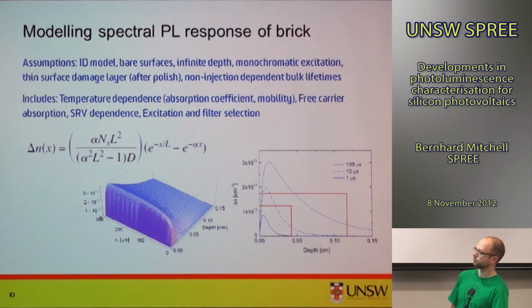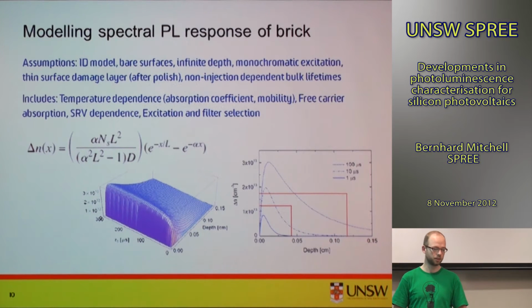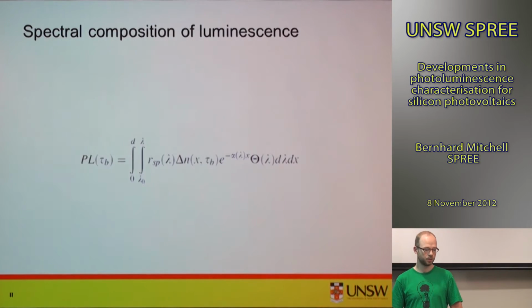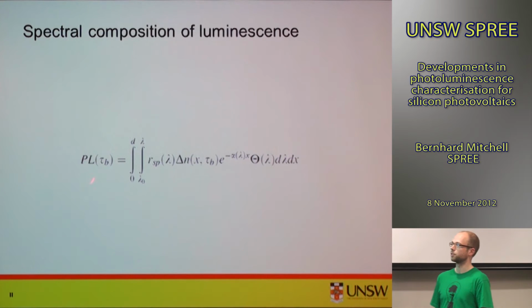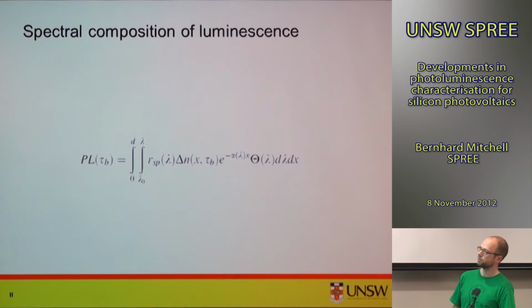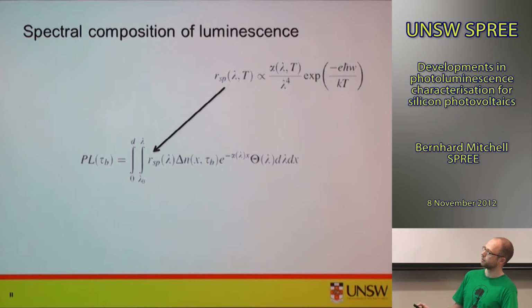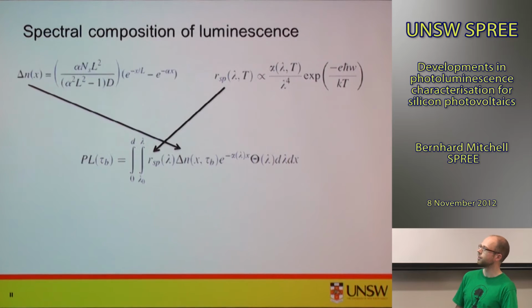We can then feed back to the PL being a function of bulk lifetime by integrating over the depths and all the wavelengths. We can then feed in the luminescence emission, which we can describe, the excess carrier profile, and the reabsorption term.